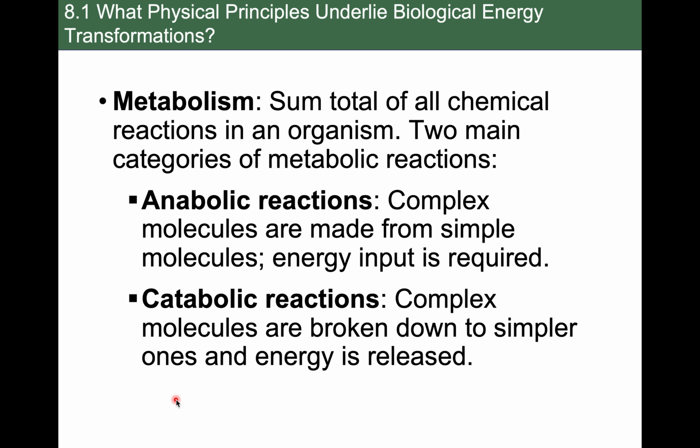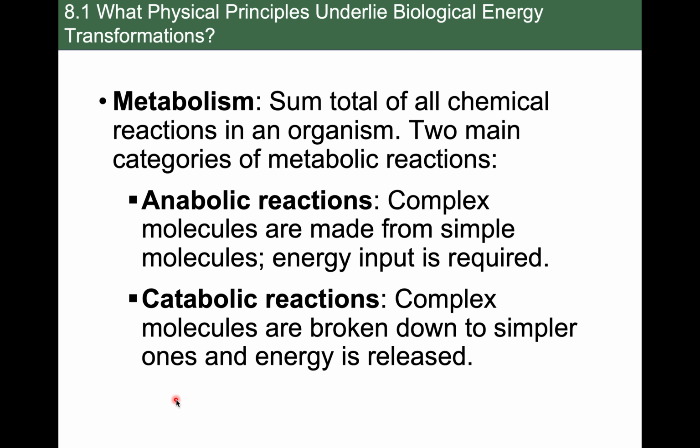Now, another general term we want to mention is metabolism. So metabolism is just defined as all the chemical reactions that are happening in an organism or in a cell at any given time. And there's really two main types of metabolism that you need to know. There's anabolic metabolism or catabolic metabolism.